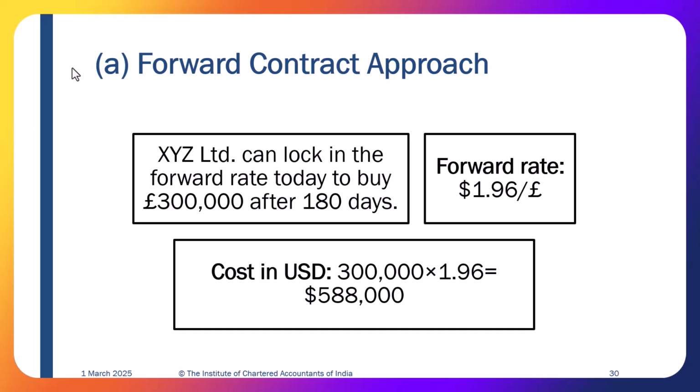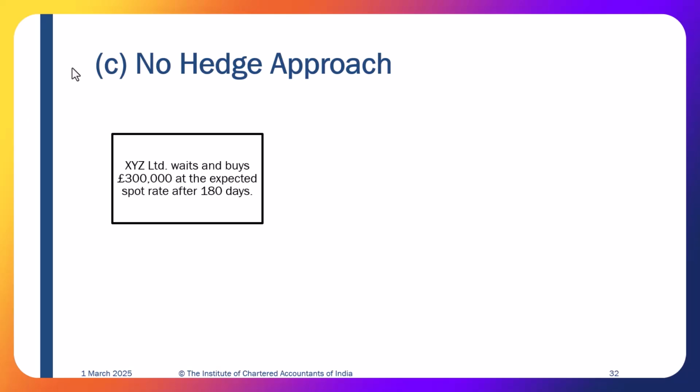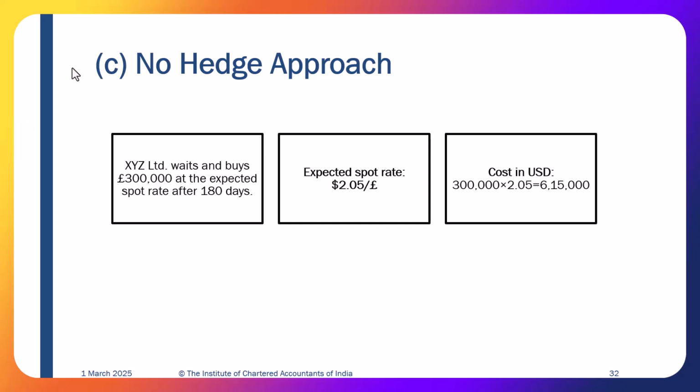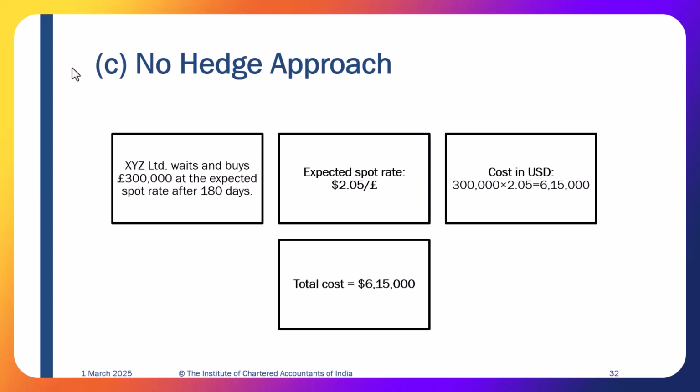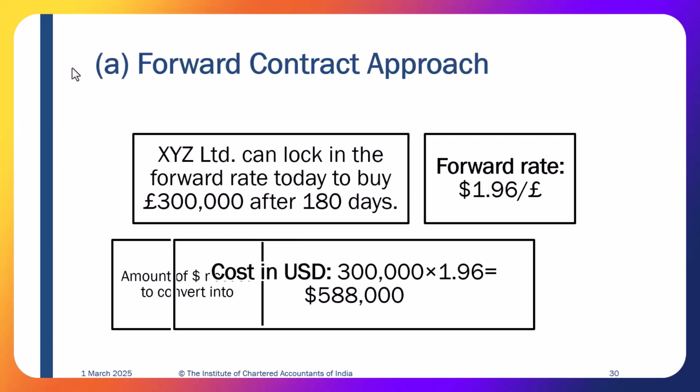Now if you go to the no hedge approach, XYZ Limited wants to buy 3 lakh pounds, and the expected rate after 180 days is 2.05, which is more. So if you apply this, it will be $6,15,000. The forward rate gave $5,88,000, so the forward rate looks better compared to no hedge, because the dollar rate has gone up.